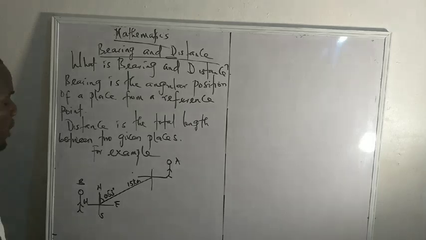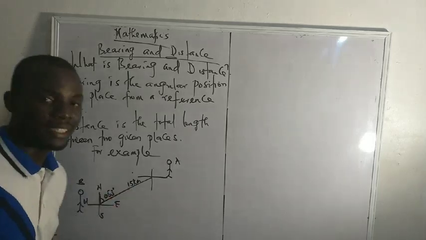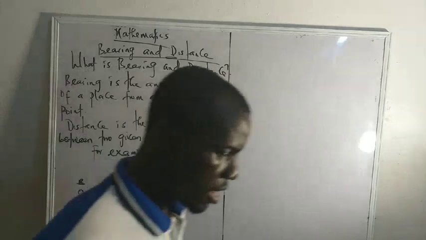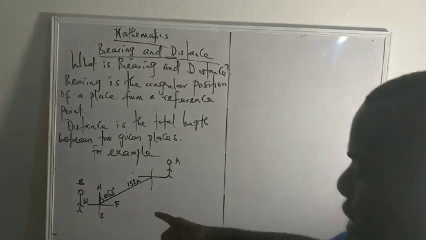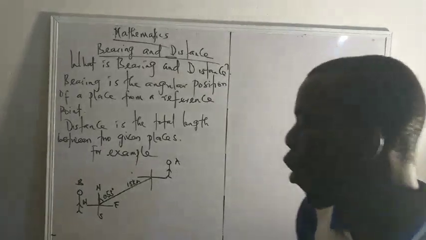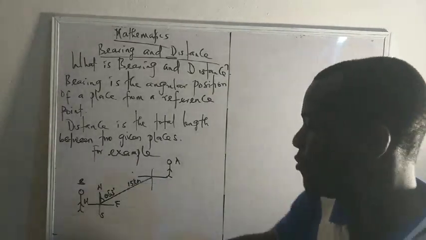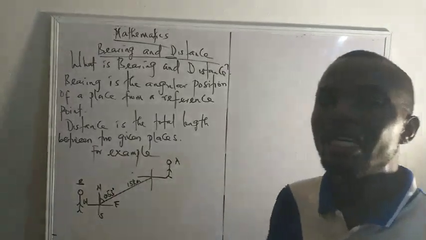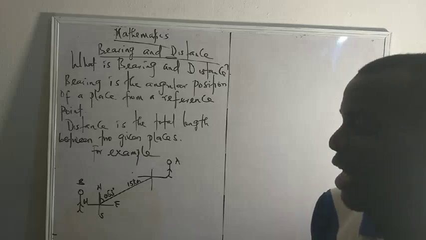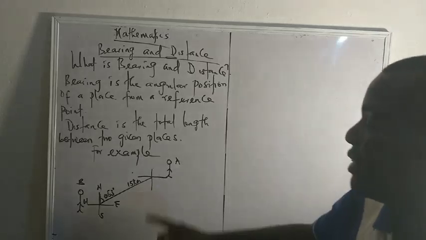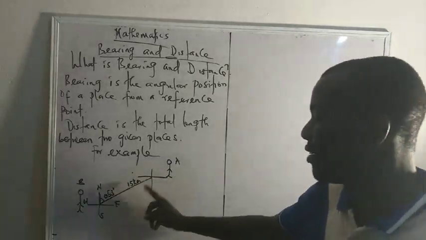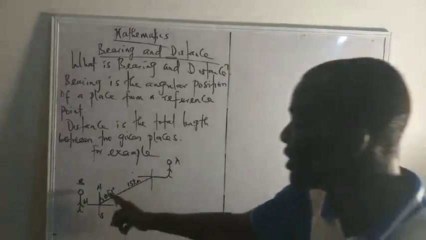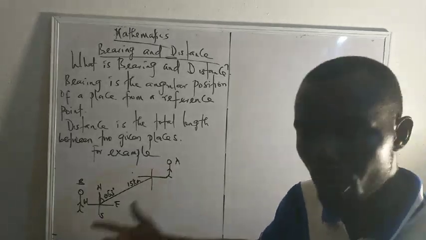Now, how do we read this? How do we understand it? We say that the bearing of A from B is 053, with a distance of 15 kilometers apart. They are 15 kilometers apart. This angle is very, very important.